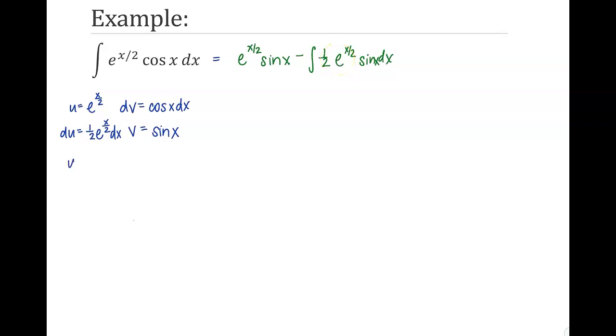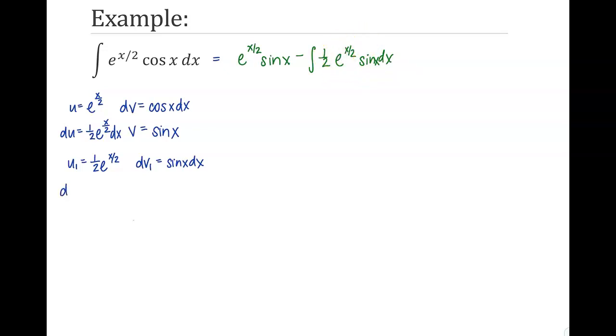So I'm going to let u1 equal 1/2 e to the x over 2. So the exponential function again, but I'm keeping the coefficient with it. And then I'm going to call dv1 sine x dx. So we're going to do another integration by parts on this piece.